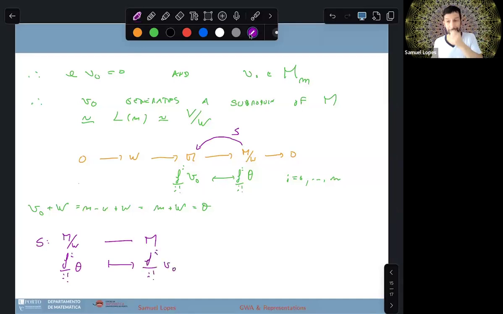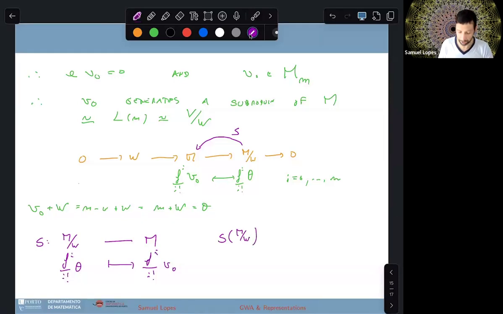This is a module homomorphism, which is injective, and it's surjective onto the submodule of M generated by v0, which is the image of S.